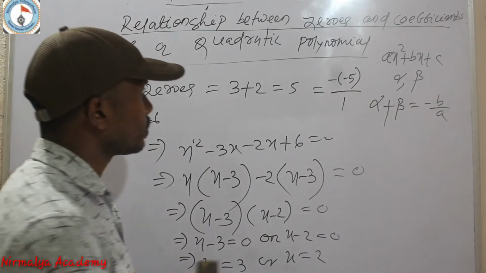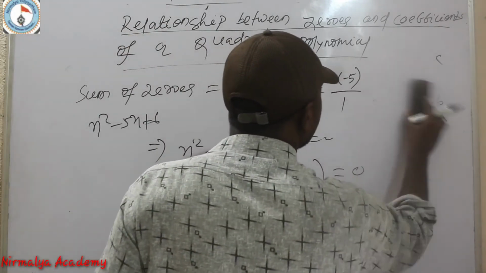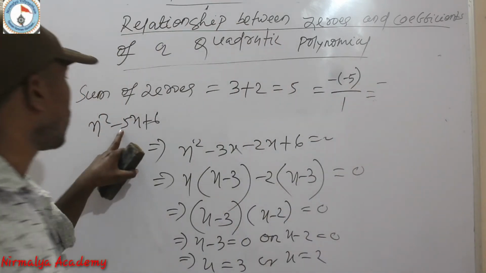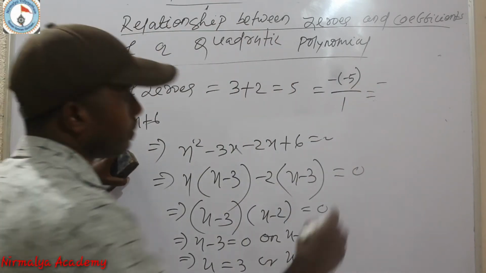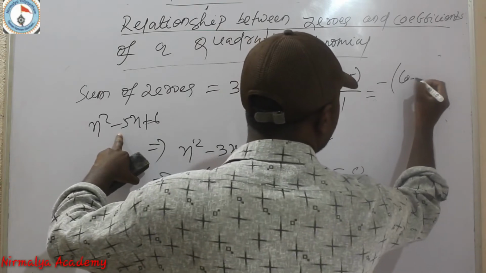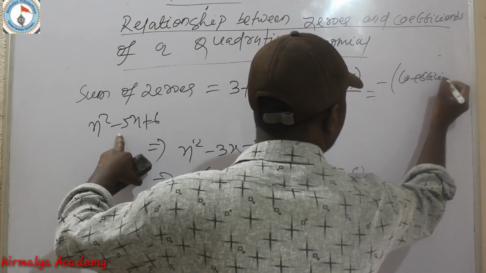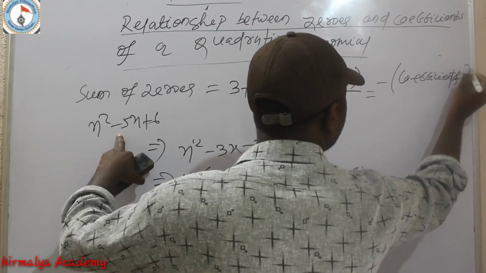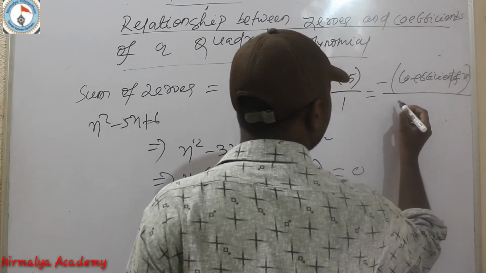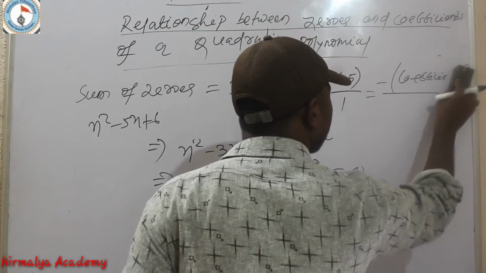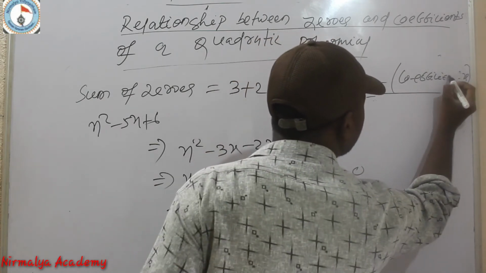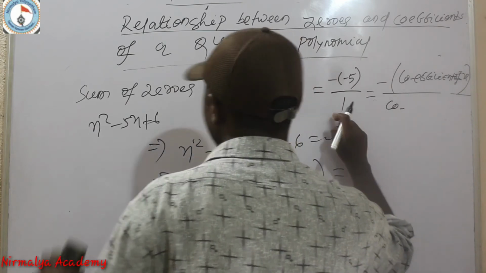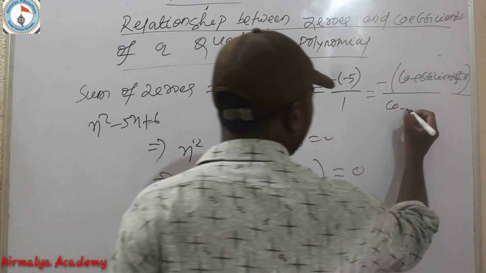But the relation is: minus 5 is the coefficient of x, so it can be written as minus coefficient of x divided by the coefficient of x square, where 1 is the coefficient of x square.